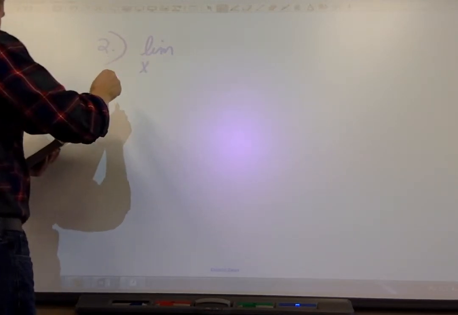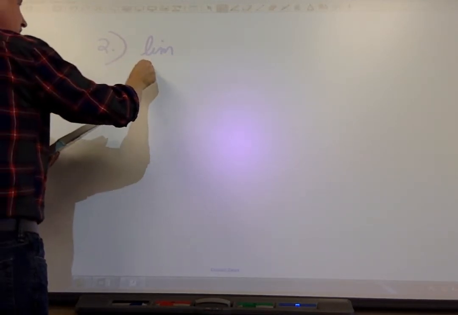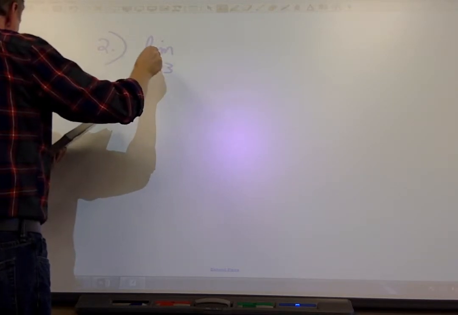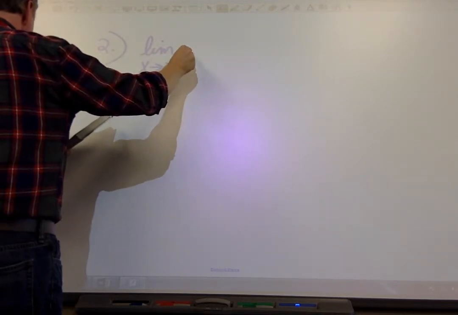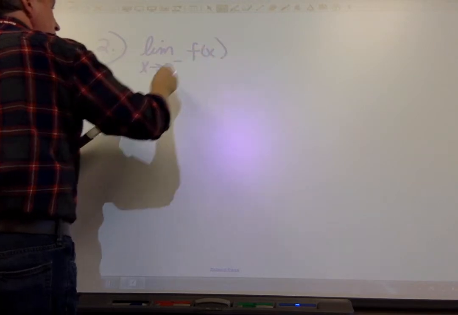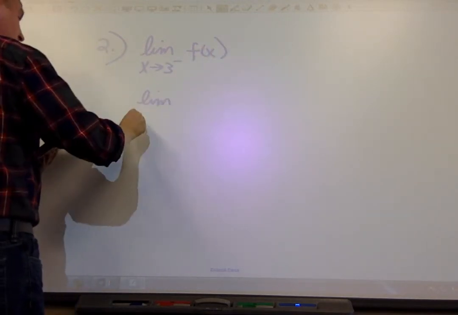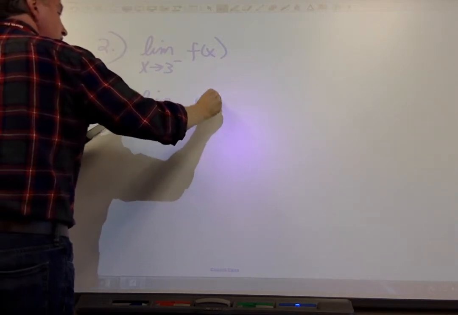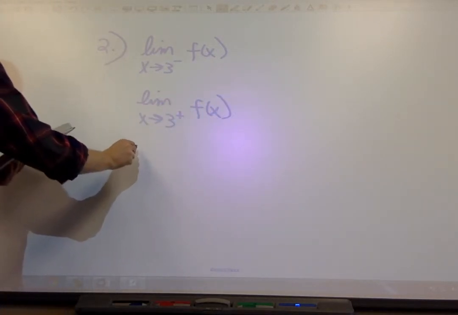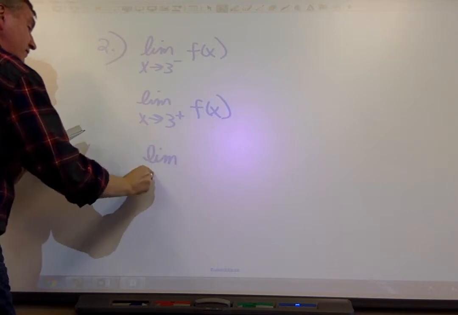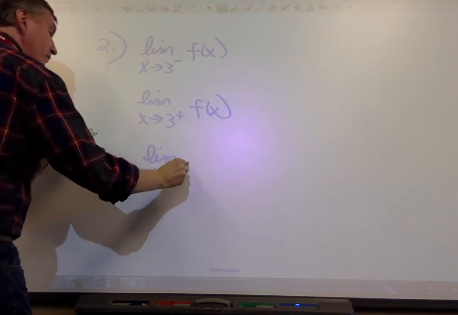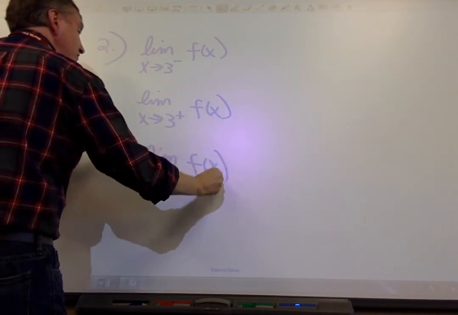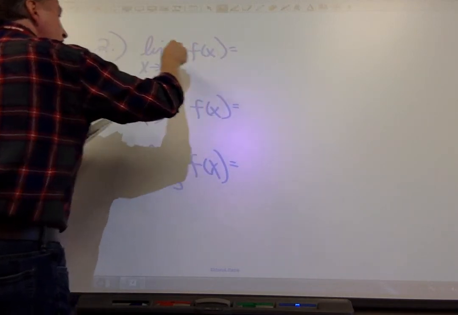And in number 2, the a value is 3. The limit as x approaches 3 from the left of f of x, the limit as x approaches 3 from the right, and then the limit as x approaches 3. I want to answer all 3 of those parts for that number.